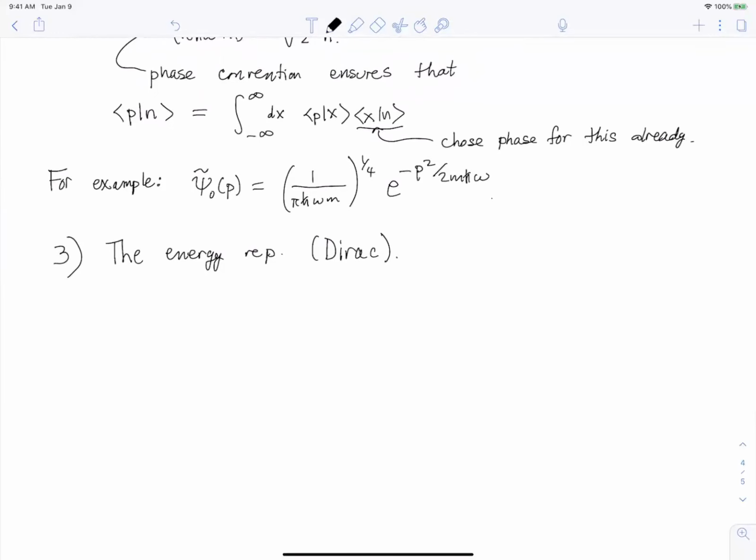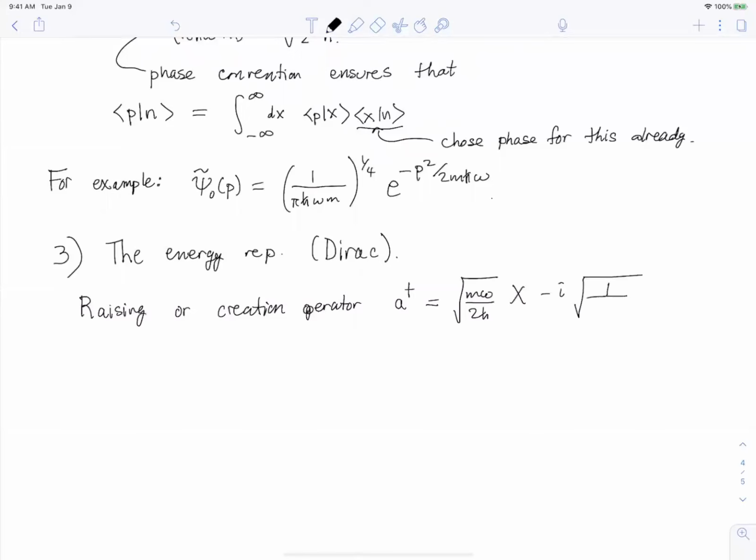So the idea here is we're just going to define raising or creation operators. That's defined as a dagger, which is the square root of m omega over 2 h bar times the position operator minus i times the square root of 1 over 2 h bar m omega times the momentum operator.